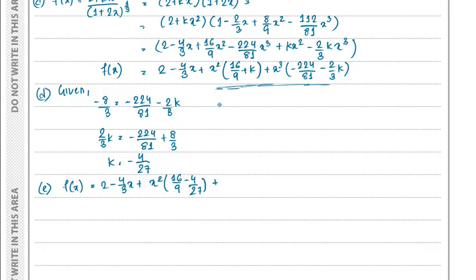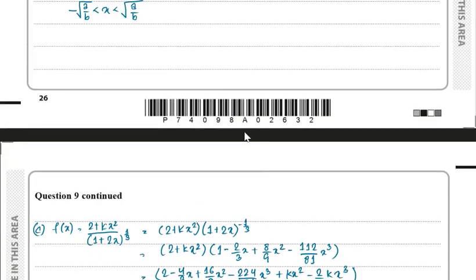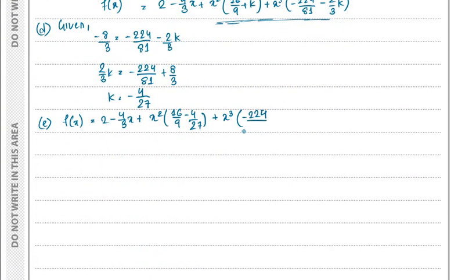So plus x cube would be minus 2 by 3 and minus 4 by 27. We already know the coefficient of x cubed to be minus 8 by 3, but still, for formalities, I'm writing it like that.